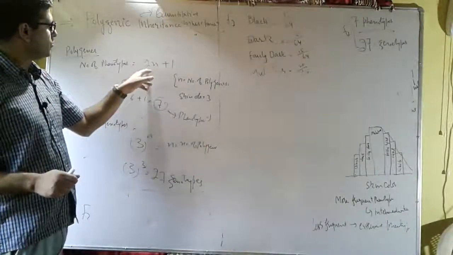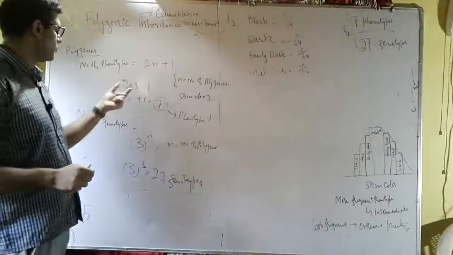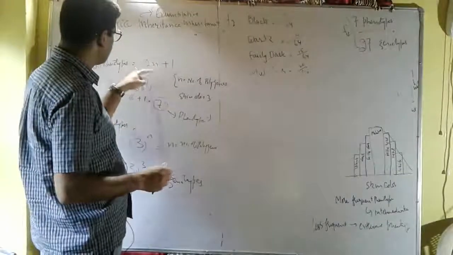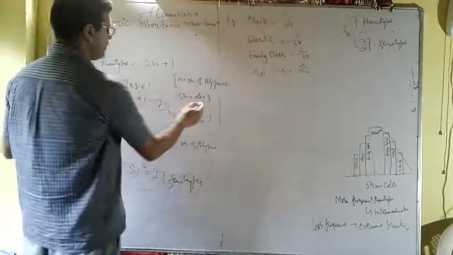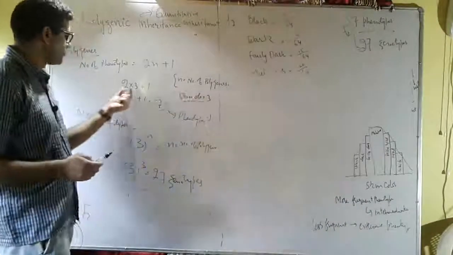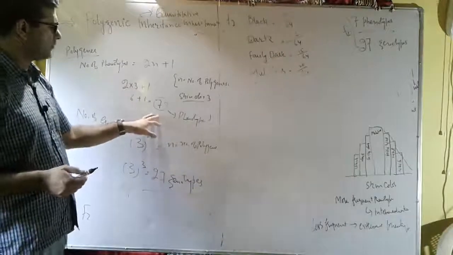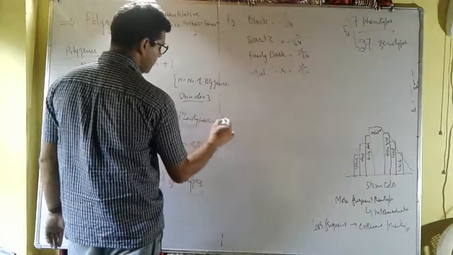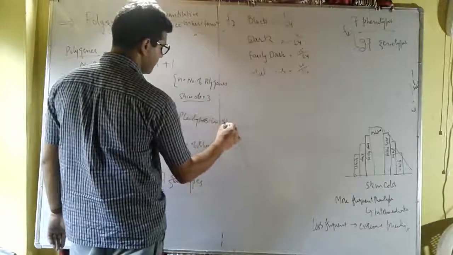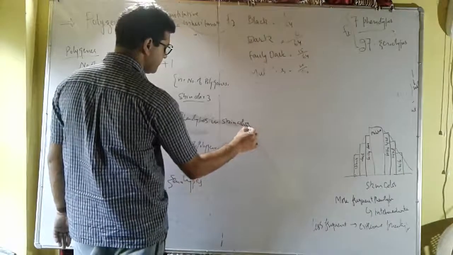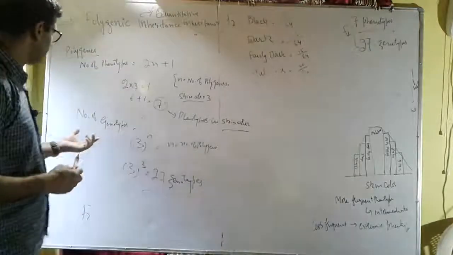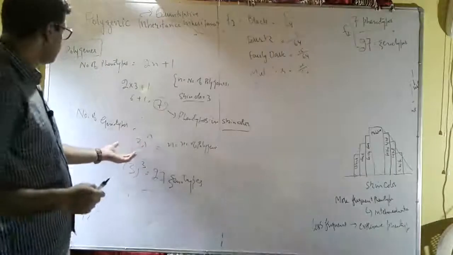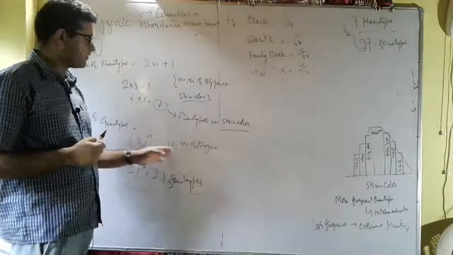That is the 2n plus 1 formula, where n is the number of polygenes.